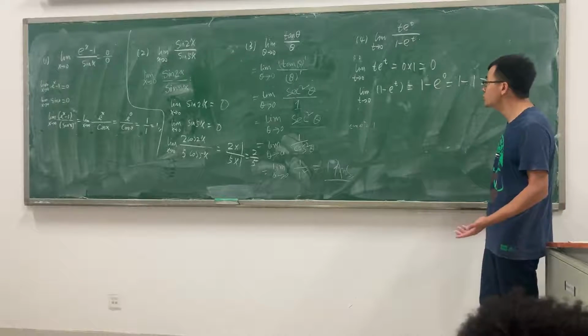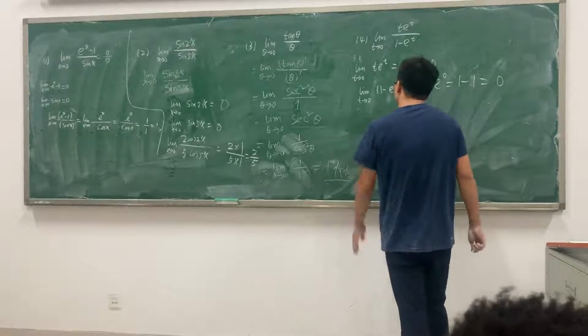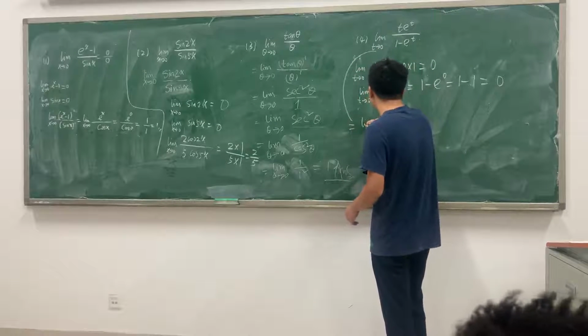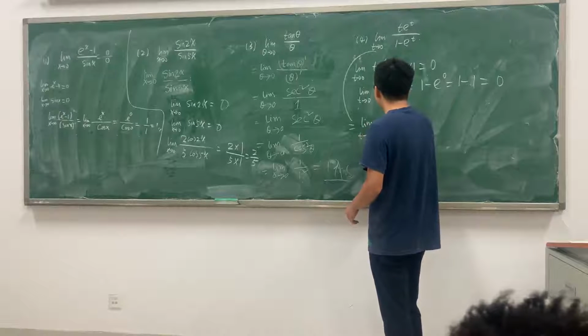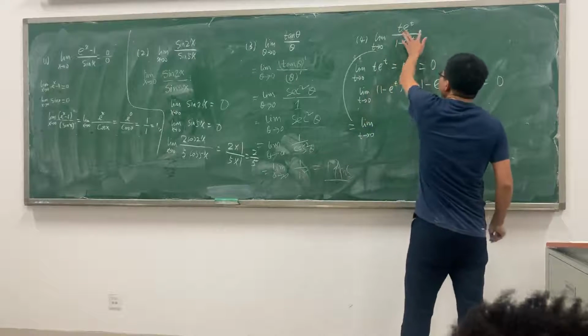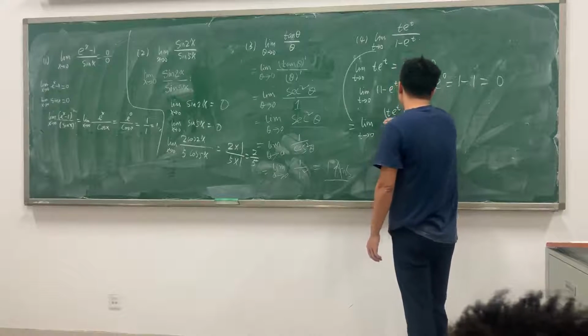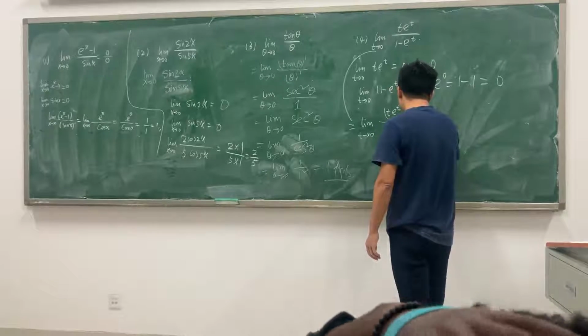So now we use L'Hopital's rule. This limit as t approaches 0 equals the derivative of t e^t divided by the derivative of 1 minus e^t.